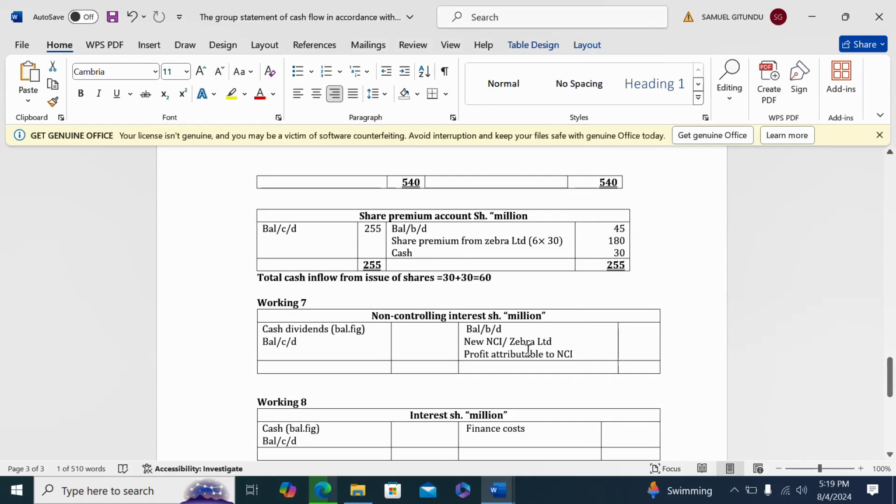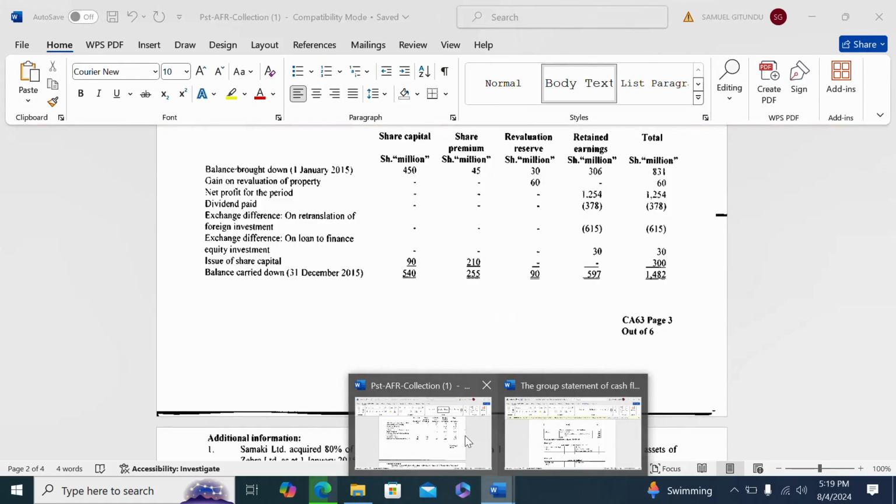Then we'll add the new NCI, that is the acquisition of Zebra Limited on 1st January 2015, and then we will add the profit attributable to NCI, and then on this side we'll get the balance carried down. So the balancing figure will represent the cash dividends paid to the NCI.